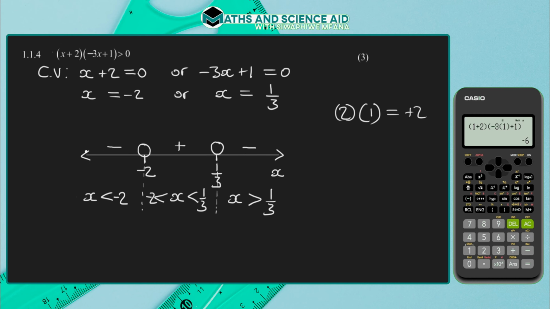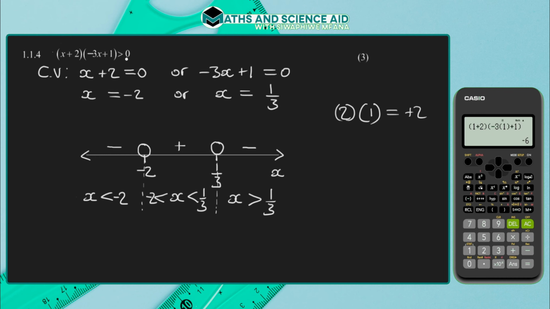Now that we have constructed this number line and we have determined the signs of the expression for each interval, we can go back to our inequality. Our inequality is asking us to find values of x for which the expression is greater than 0. Greater than 0, in other words, means where this expression is going to be positive.